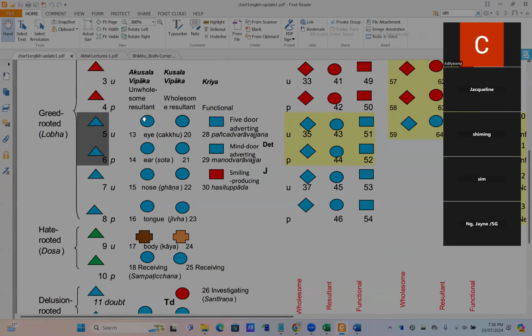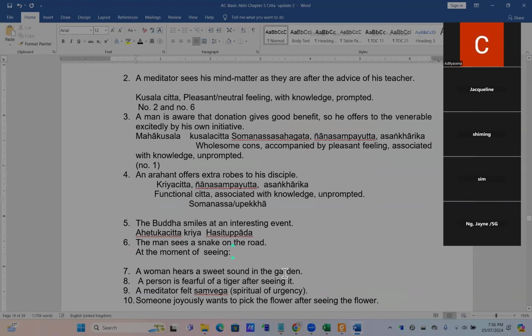When you see a snake, you consider it as what? Akusala vipaka, yes, correct. Cakkhu vijnana. So it will be akusala vipaka cakkhu vijnana.